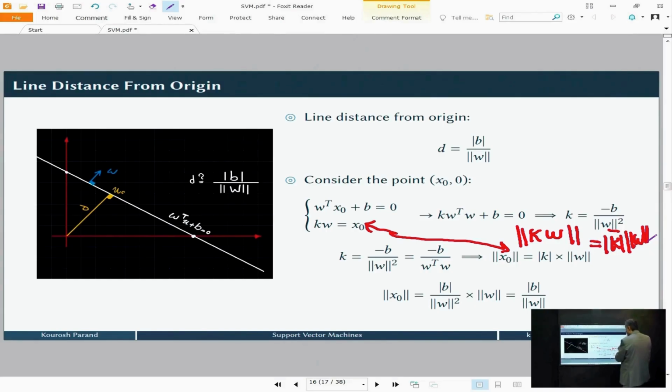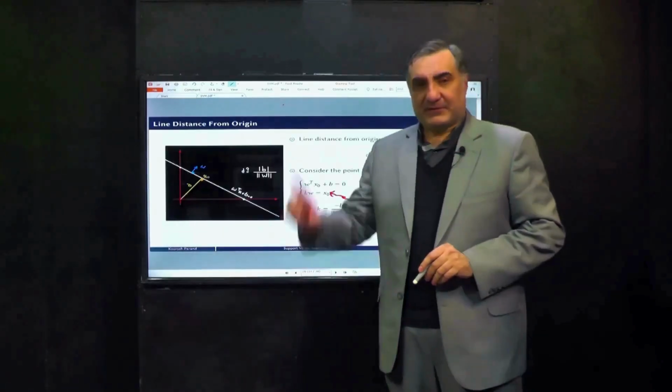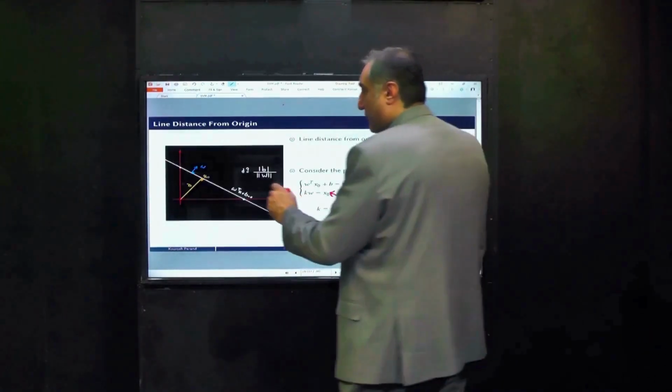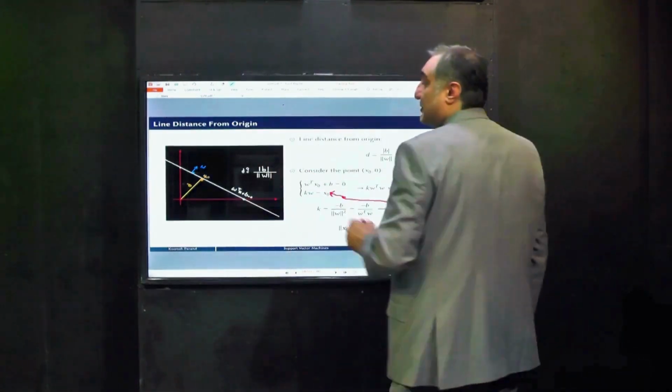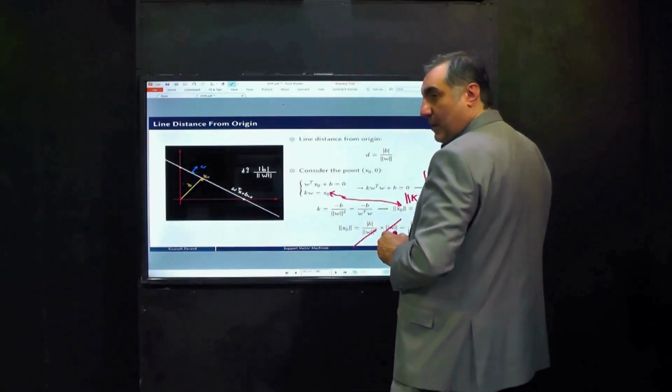It's negative b over the norm of W squared. We substitute that in and take the absolute value. The norm is a positive thing, so one of the norms of W cancels out. Sorry, let me correct that: the absolute value of b over the norm of W. So if we have W transpose X plus b equals 0, its magnitude will be the absolute value of b over the norm of W.